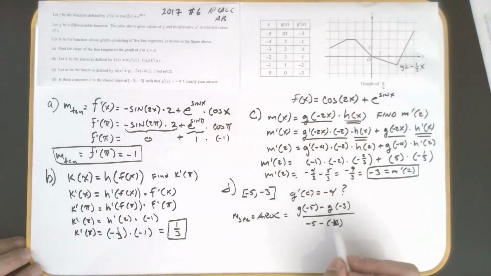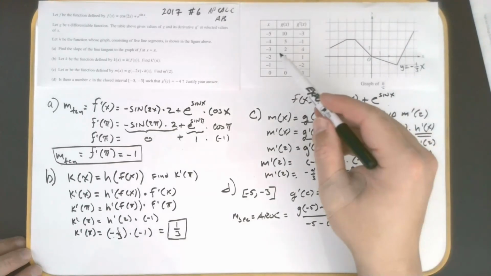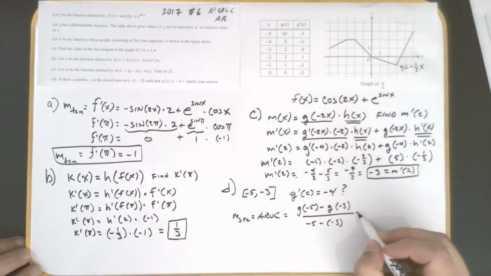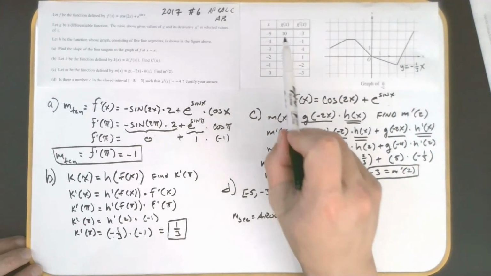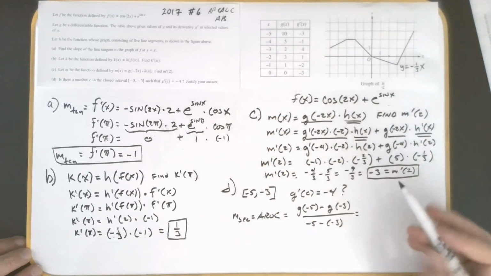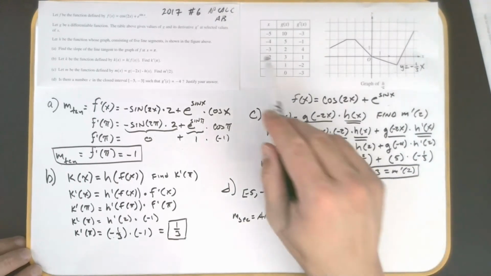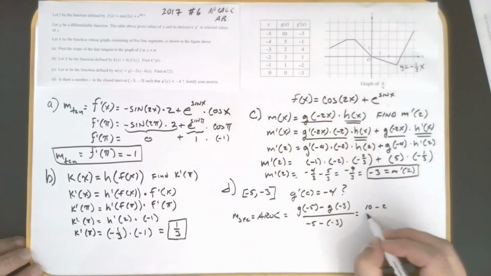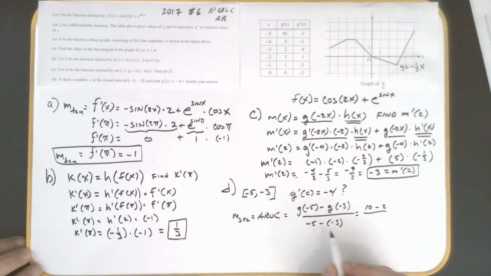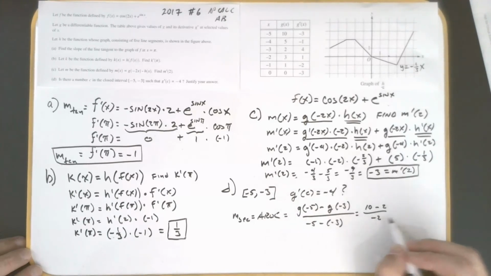Now it's the g function which puts us back onto the table of values. And so now we can just look. G of -5 according to the table is equal to 10, and g of -3 is equal to 2. And then below here, -5 minus -3, that would equal -2.